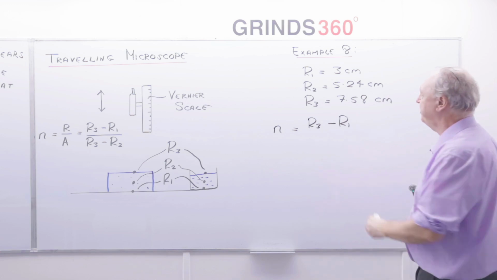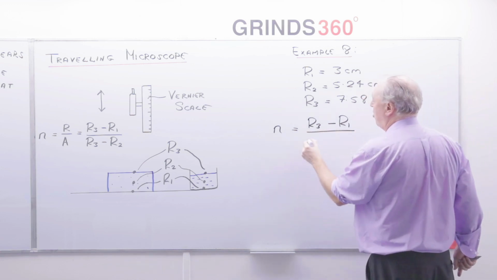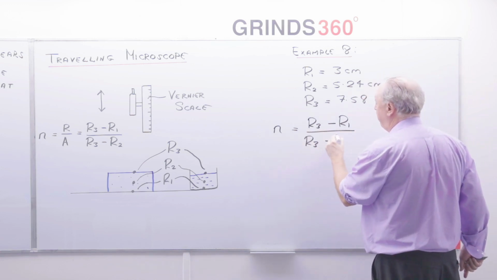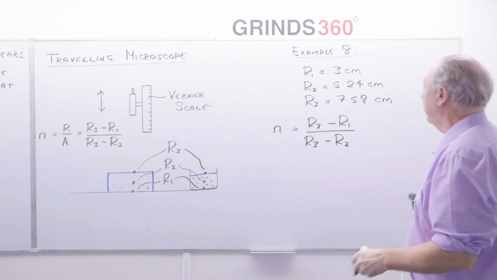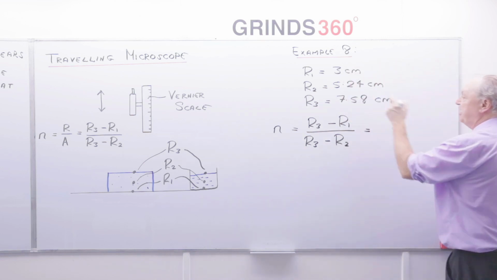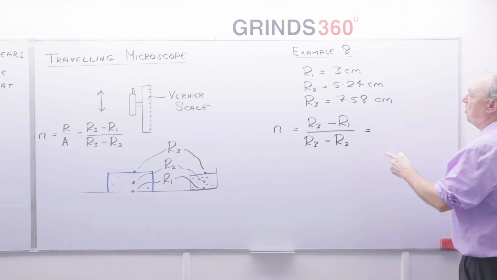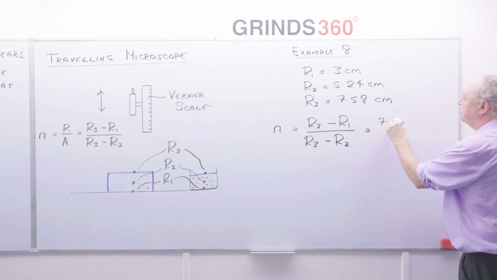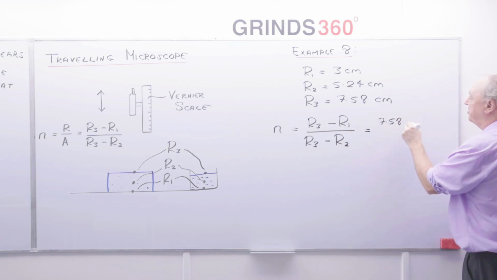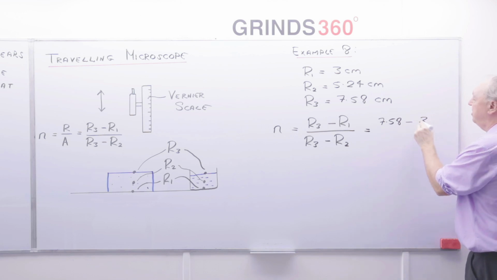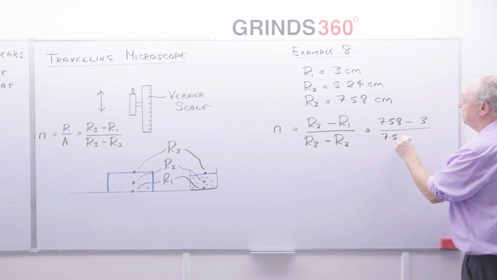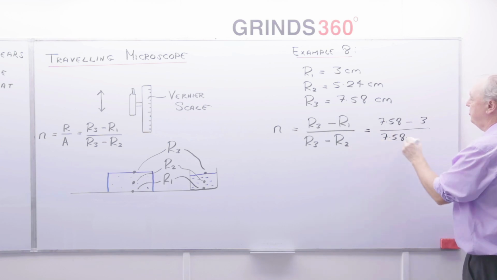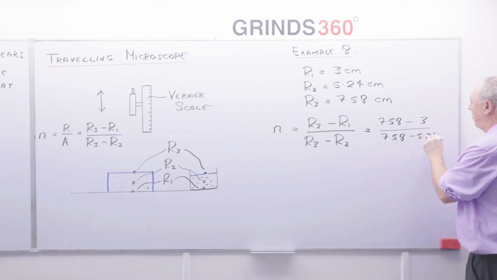That's the real depth, over R3, the top reading, minus R2, where the bottom appears to be. Just slot the numbers in, leave everything in centimeters, that's fine. So R3 is 7.58 minus R1, 3, divided by 7.58 minus R2, 5.24.